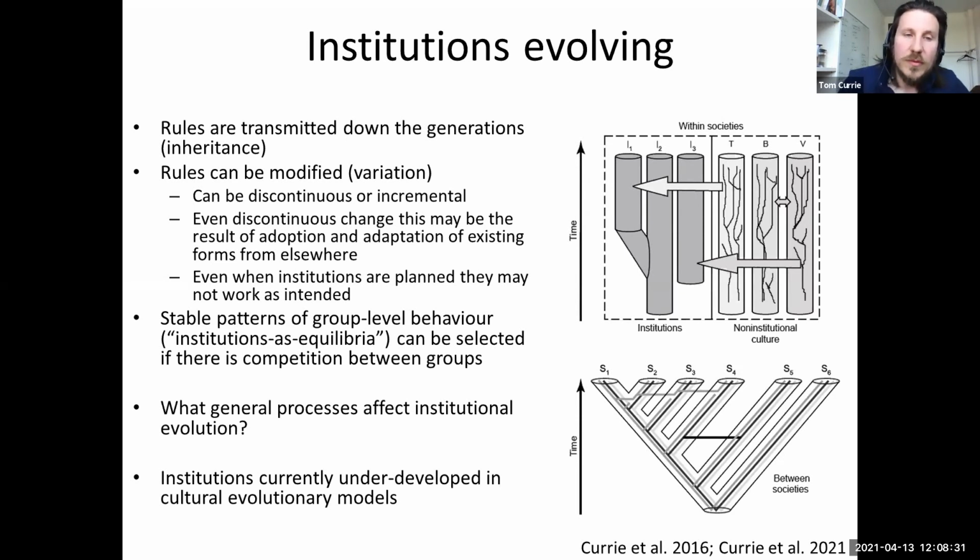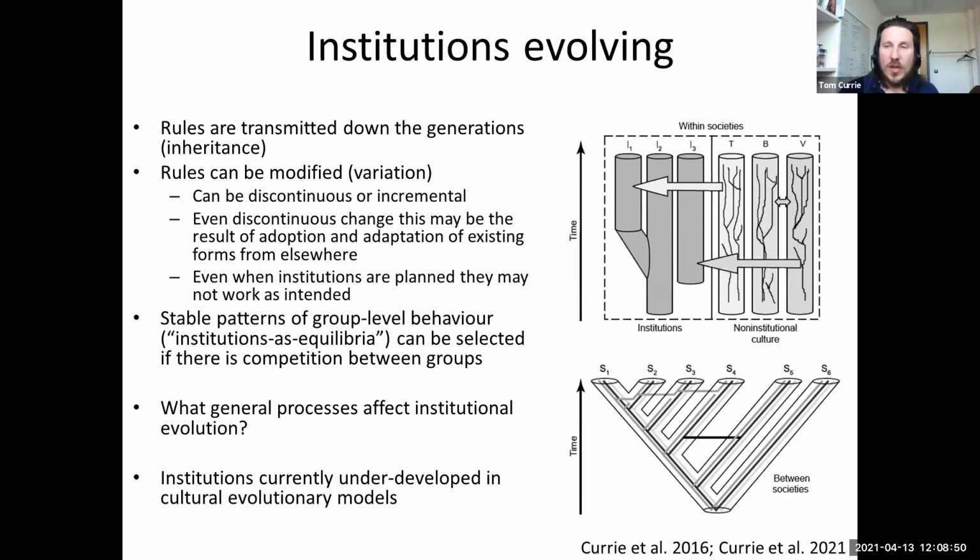And sometimes people talk about institutions in the sense of stable patterns of group behavior, and people in this seminar series have talked about equilibria. And if you do get stable patterns of group-level behavior, then what you can get is selection between groups.